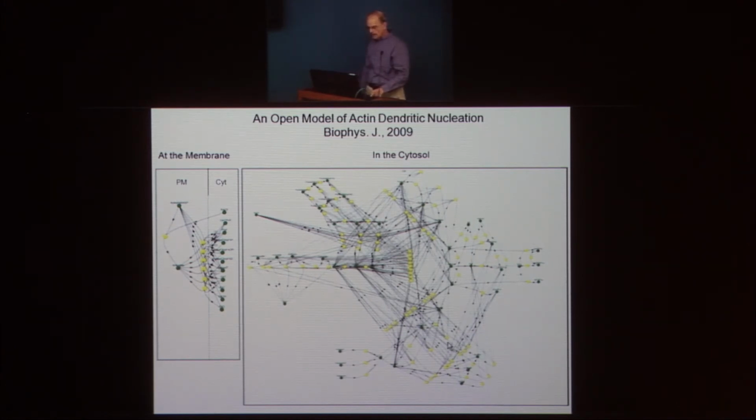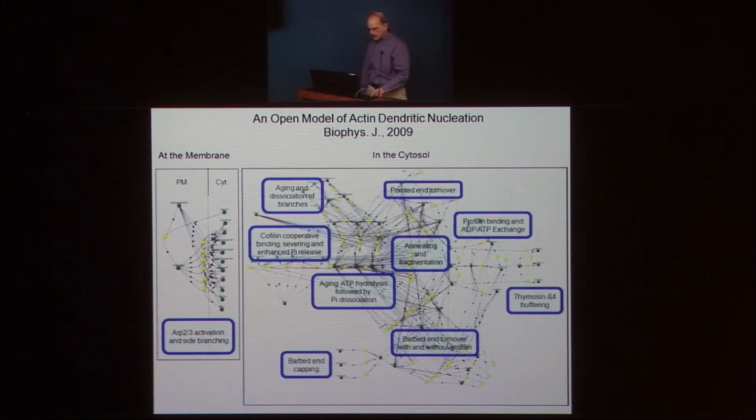And the real advantage of this system is that a lot of the numbers have been measured, many of them, of course, by Tom Pollard. So these are the mechanisms that are encapsulated in the different parts of this reaction diagram. So we've really put together a fairly detailed model of actin dynamics.